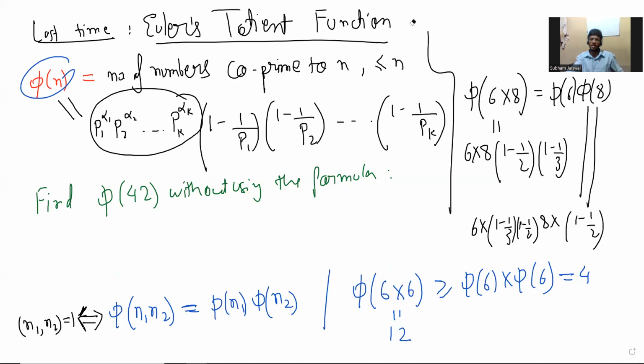But then, do you guys see that we always have this? Can you explain why you always have this?